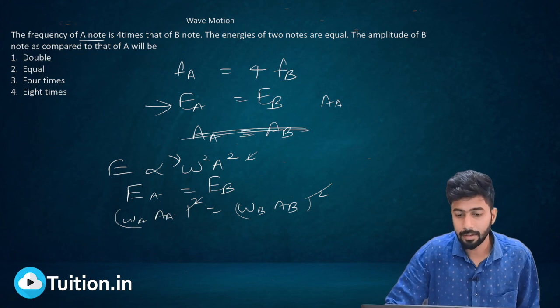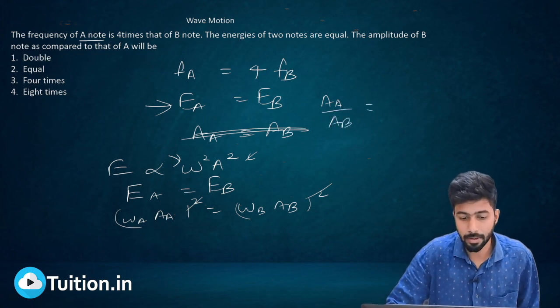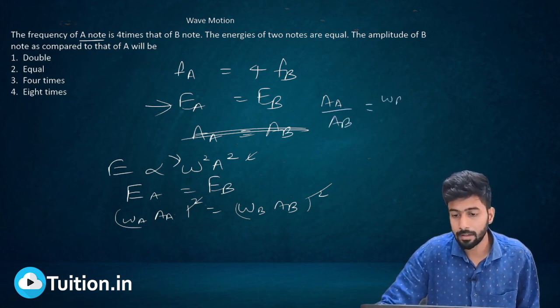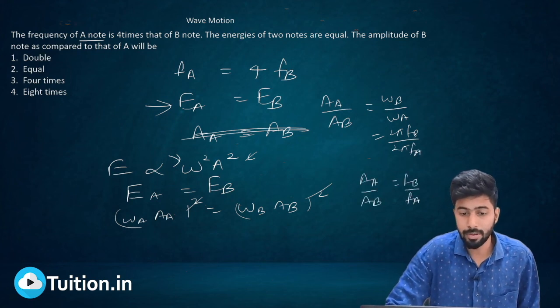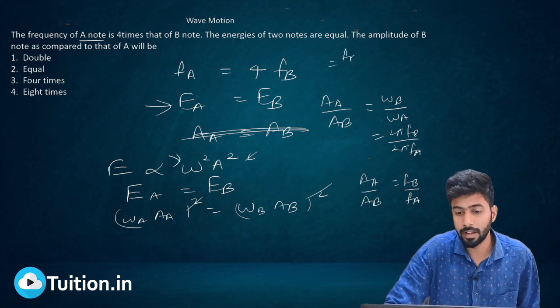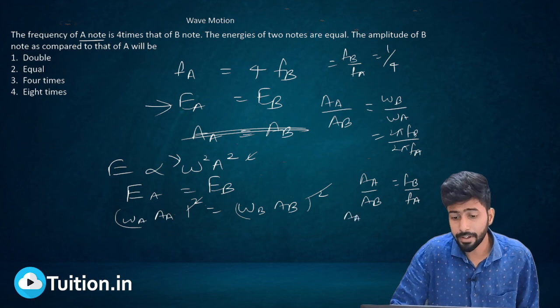So AA divided by AB is nothing but omega B by omega A, which is nothing but 2 pi FB divided by 2 pi FA. So AA divided by AB is nothing but FB divided by FA. So FB by FA, from here if you solve FB by FA, that's nothing but equal to 1 by 4. So amplitude of A divided by amplitude of B is nothing but equal to 1 by 4.